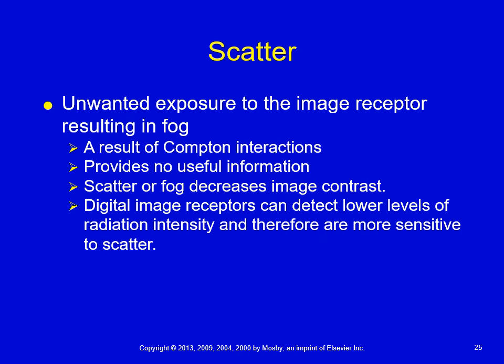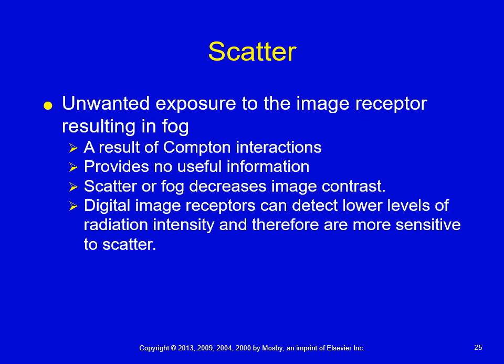If it does reach your image receptor, it doesn't give us any additional value or any additional information. It doesn't help create a better image. It actually makes the image worse. It puts what we call fog, or unwanted exposure, on the image receptor.